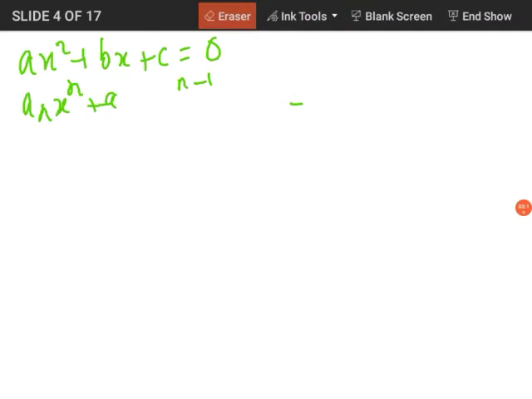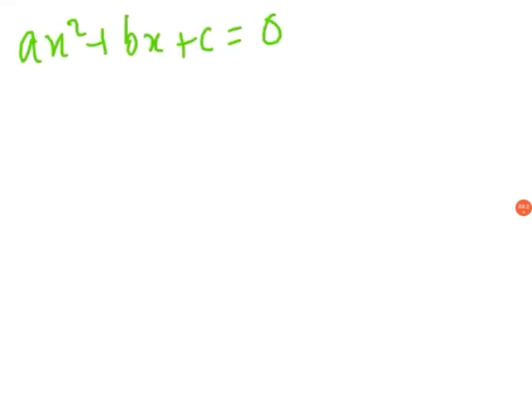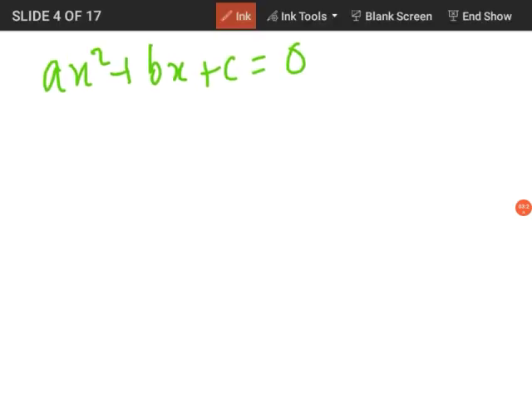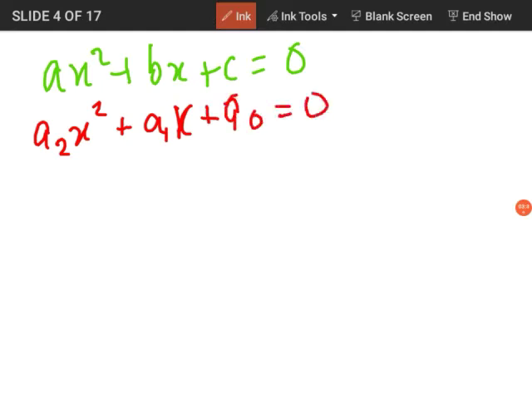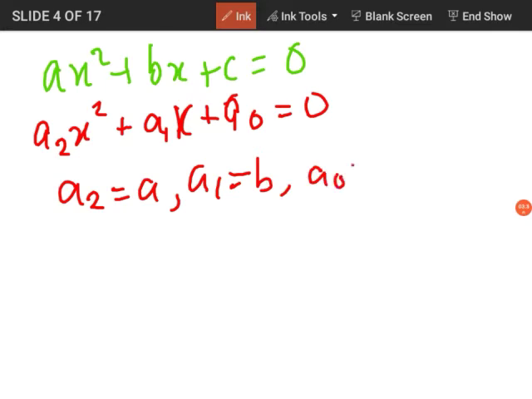More simply, say I write it as a2 x raised to the power 2 plus a1 x plus a naught is equal to 0. a2 is equal to a, a1 is equal to b, and a naught is equal to c.